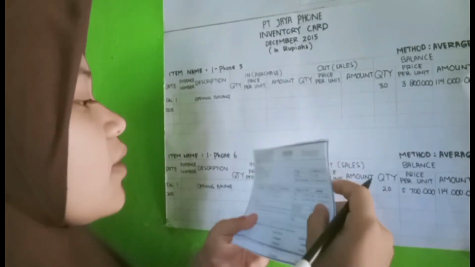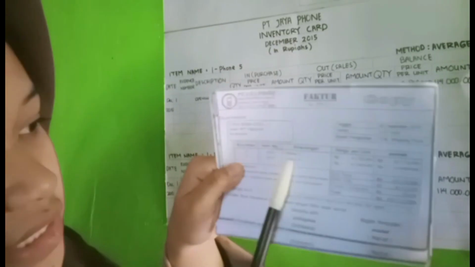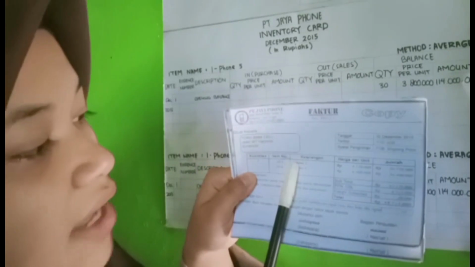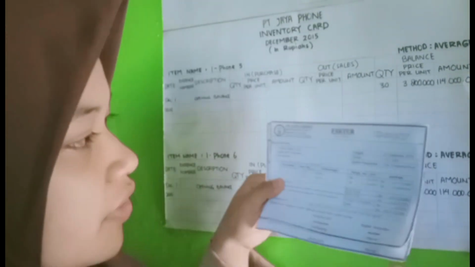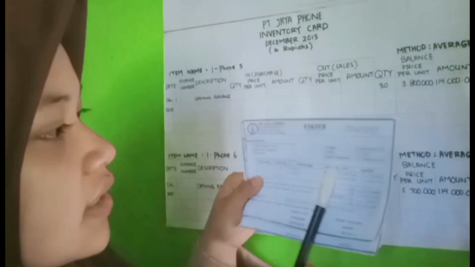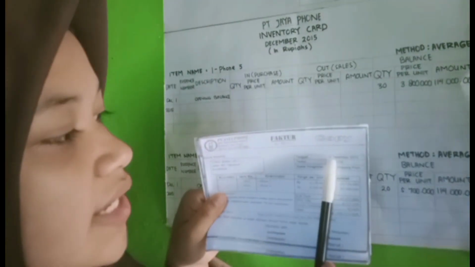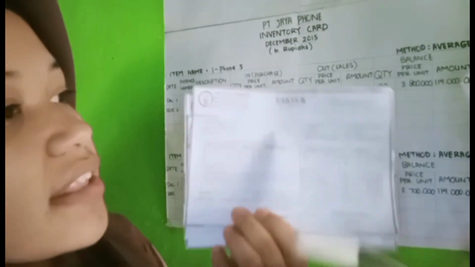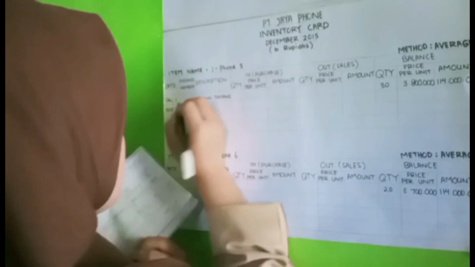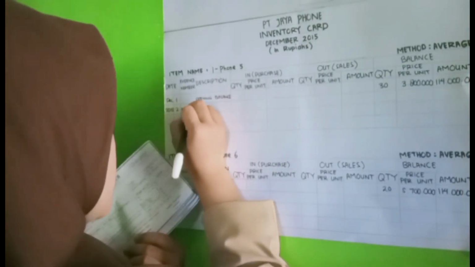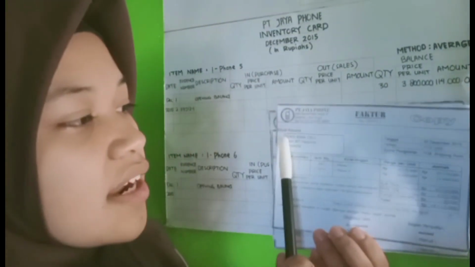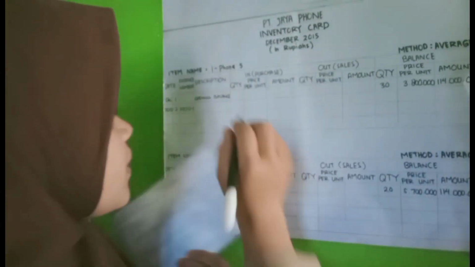Then we input the sales transaction. Okay, this is the detail of the sale. For iPhone 5, the quantity is 5. We input the date first. Second, for the evidence number, we get it from here, FPJ 12 space 5. For description, we input our customer name, Toko Bima Sale.